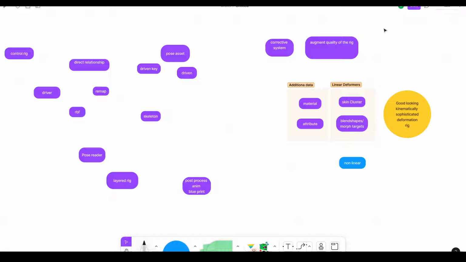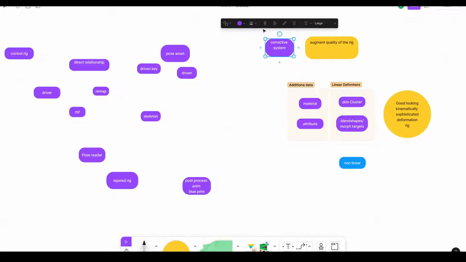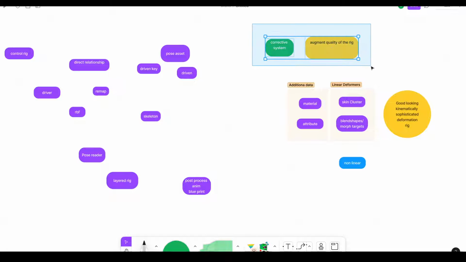Now, this works as a corrective system, for example, for a fleshy character. In this case, we're triggering blend shapes and bones, but this is also true to augment the quality of the rig. So these two, again, are mostly like, this is a goal, and this is a system. But the thing to keep in mind is that what we're going to discuss today is something to address this and build something that is related to corrective and in general augmenting the quality of the rig.